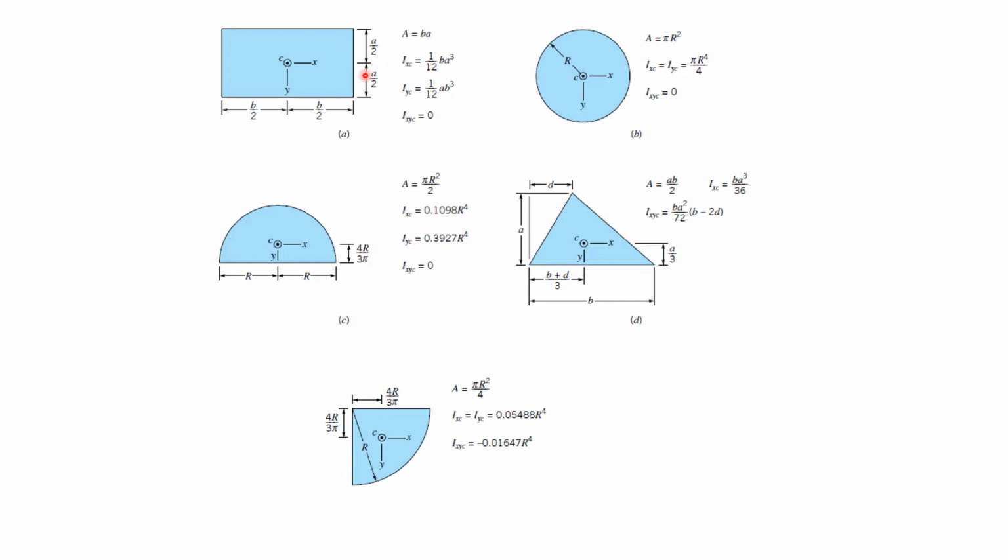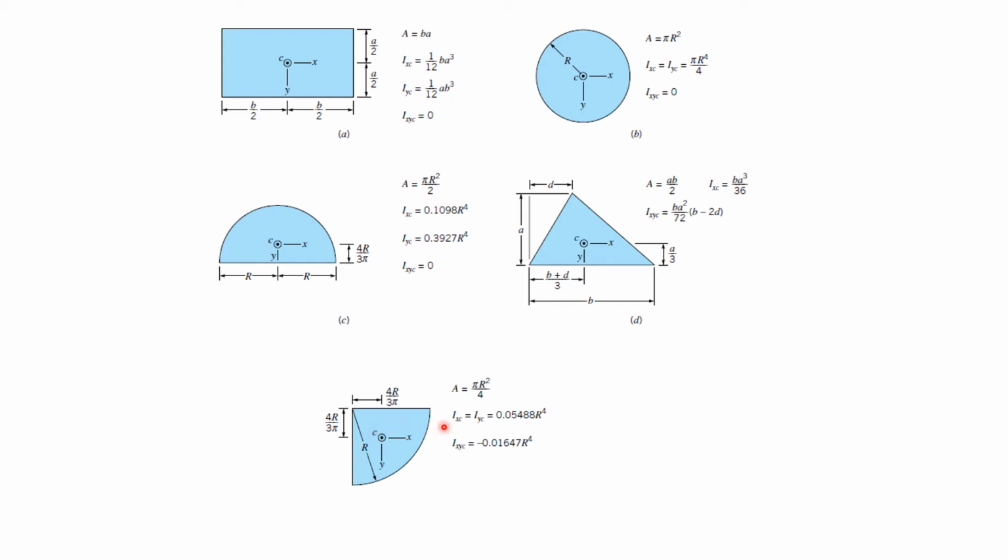And the centroid of a rectangle is equal to a divided by 2. And similarly, the centroid of the half circle, the semicircle, is equal to 4r by 3 pi.